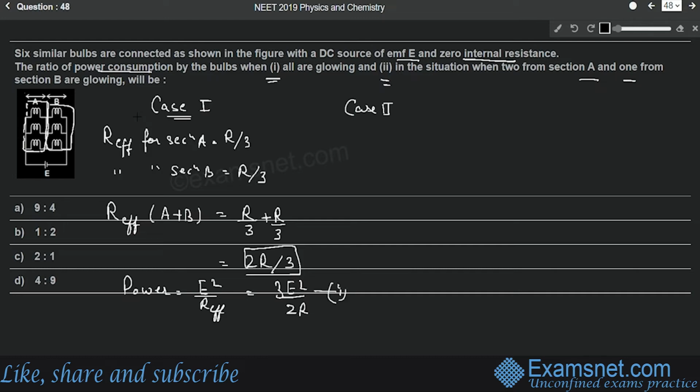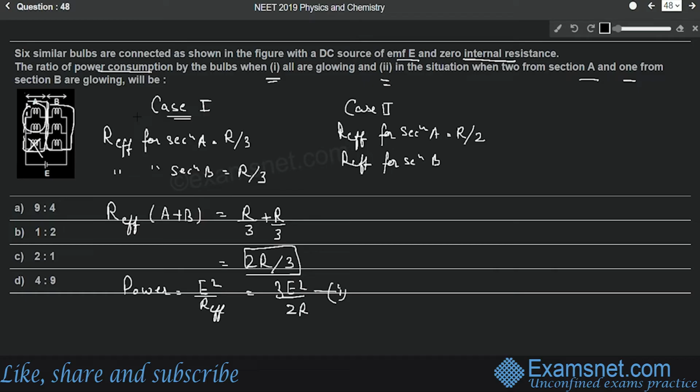Now in case 2, only 2 from section A are glowing. So R effective for section A will be R by 2 because only 2 are connected in parallel. The third one is not working. Now for section B, R effective will be what? How many are glowing?